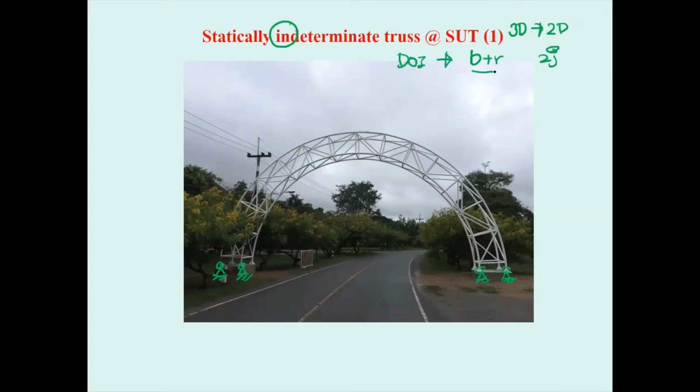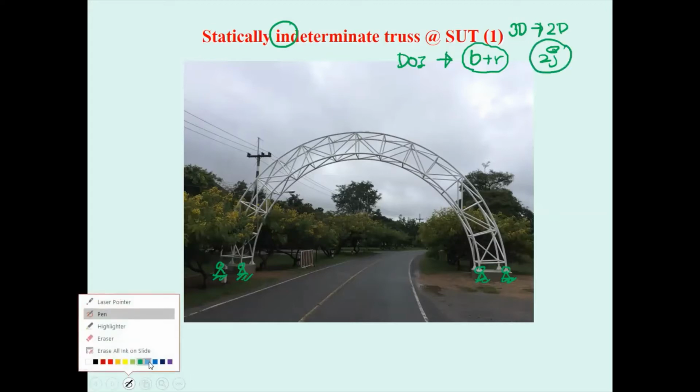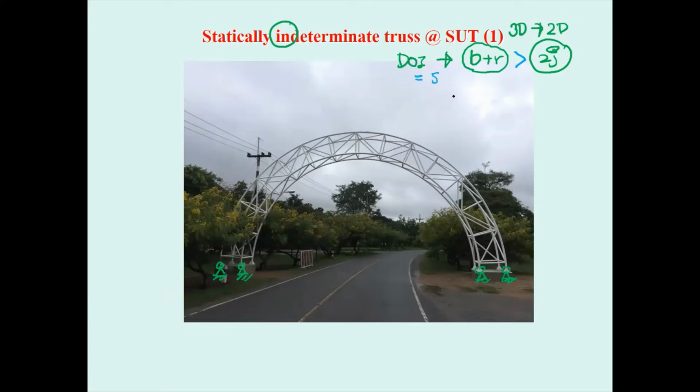The unknown forces against the number of equations, and you can see this truss will have b plus r larger than 2j, and the degree of indeterminacy is going to be 5. I'm going to give you guys time to work on this.